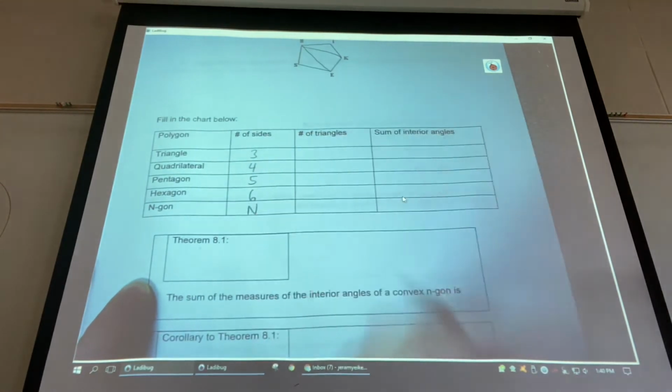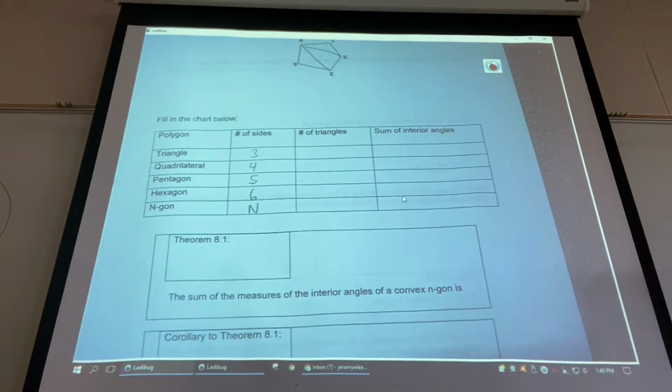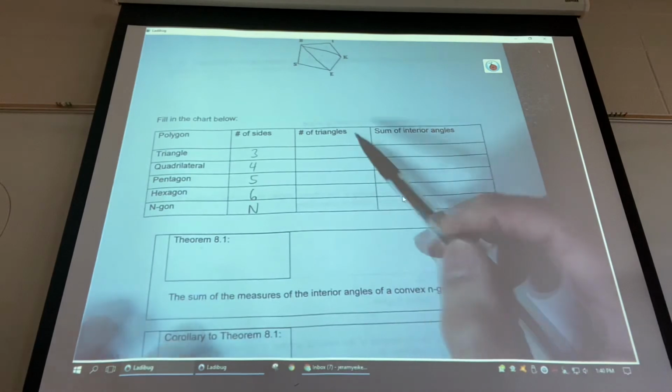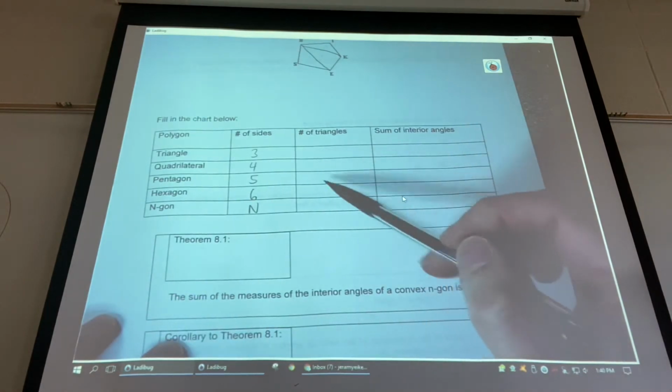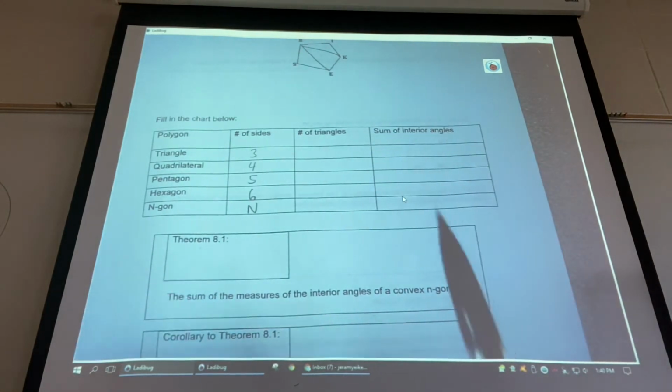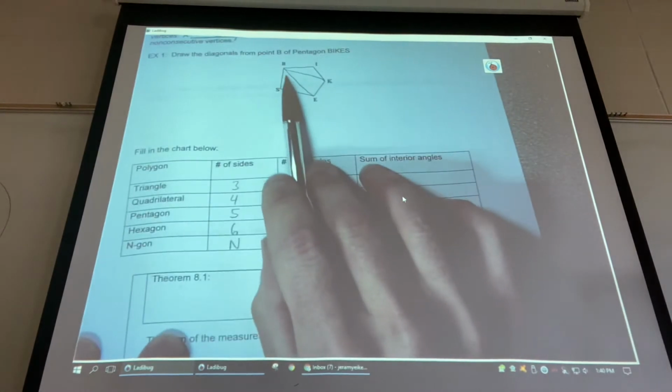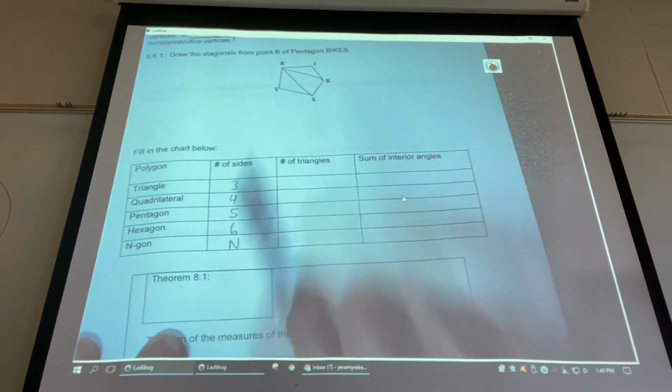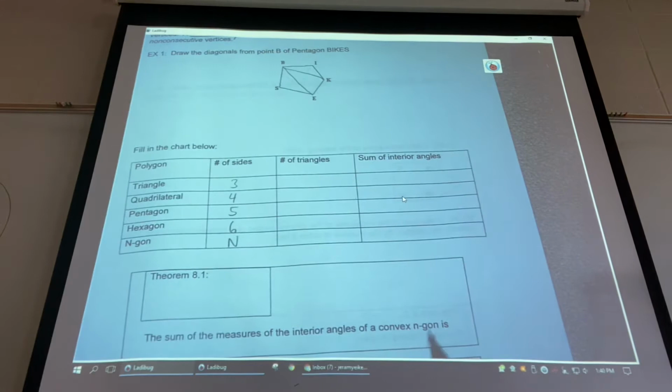What they're going to want you to do is write down how many triangles are in each of these shapes. And how you find that out is by drawing the diagonals from one of the vertices.